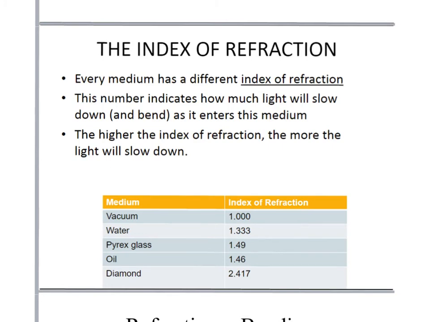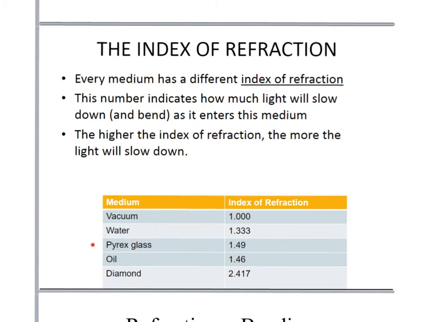But the higher the index of refraction, the more that light will slow down as it enters that medium. Or conversely, if it's leaving diamond and entering a vacuum, the more it will speed up. So depending on where it's going, light will speed up or slow down.